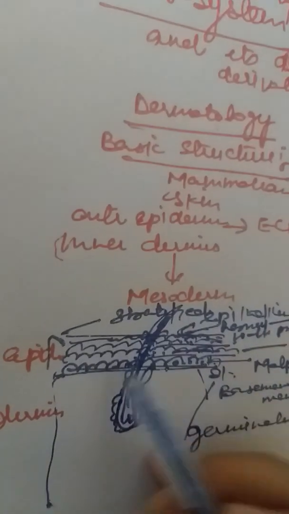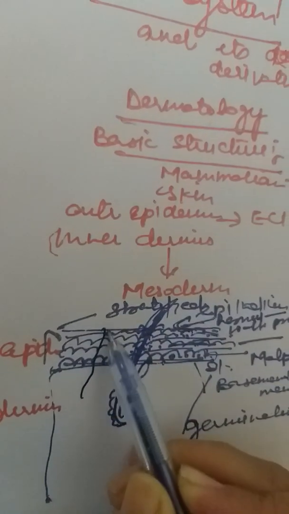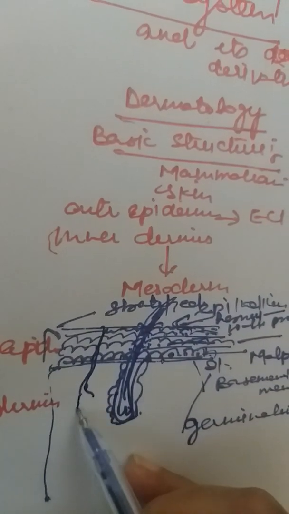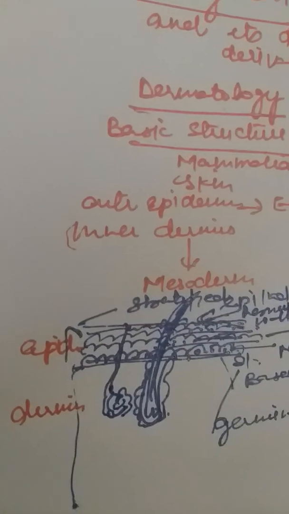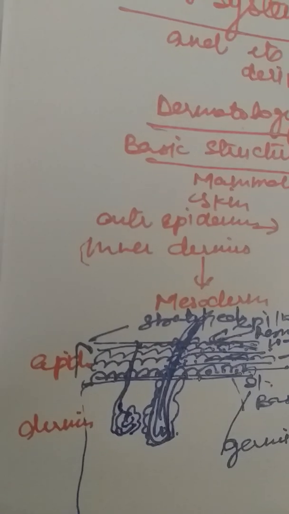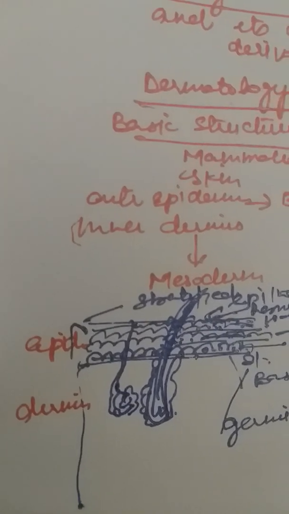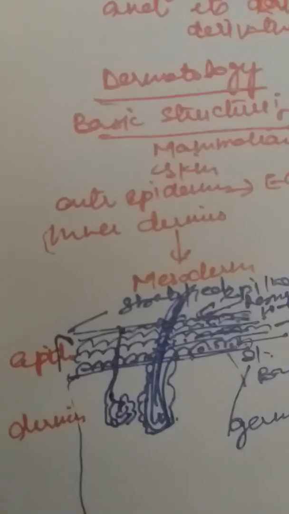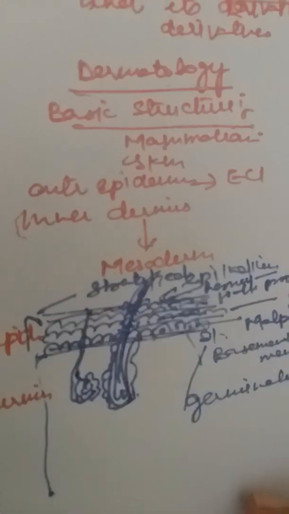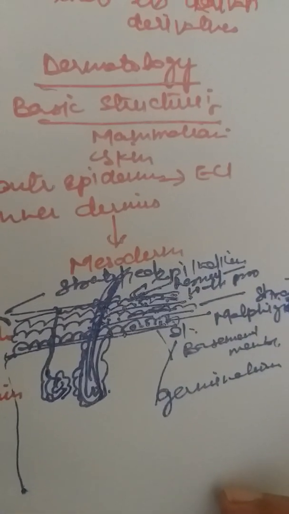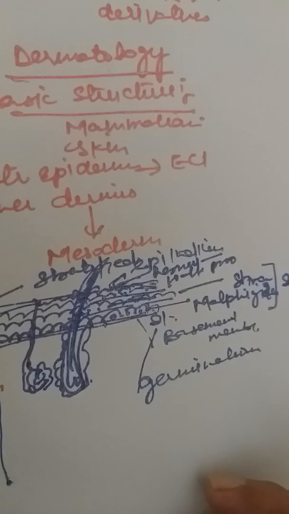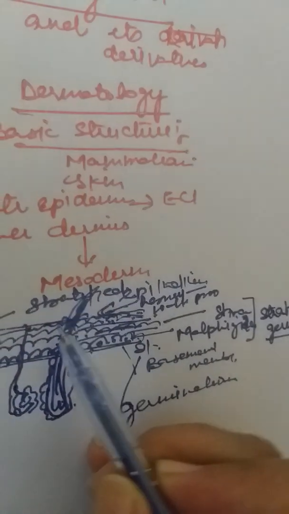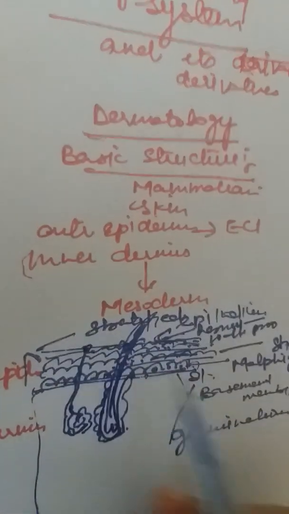In addition to that, there are other derivatives derived from the skin. These are the sudoriferous glands, which open out by an opening on the top of the horny layer. So here it is opening.